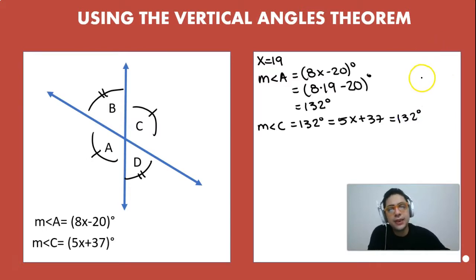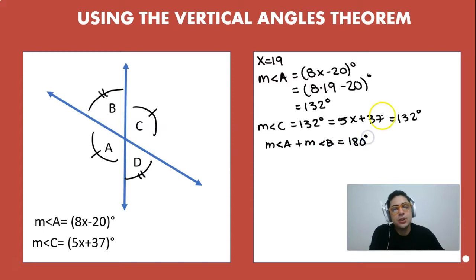Now, how do you find B and D? You have to know that A and B, or B and C, are supplementary. So the measurement of angle A plus the measurement of angle B is 180 degrees. You can also do that with angle C because they form a linear pair. So the measurement of angle A is 132.